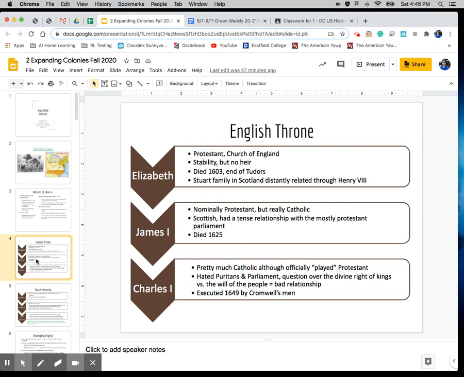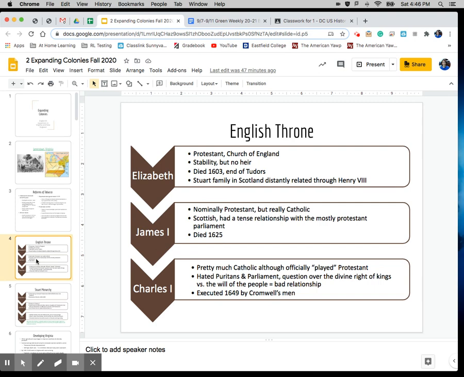So he's not Church of England, right? He believes in this Calvinistic, very strict personal piety, very strict religious beliefs. The theater is bad. Even celebrating Christmas is bad. You're not supposed to do those things because that detracts from your worship of God. It's very legalistic, very fundamentalist religious beliefs. And he forces this on the whole country.